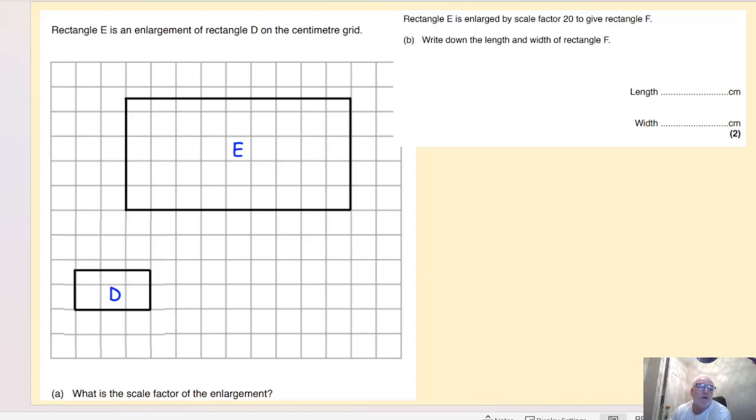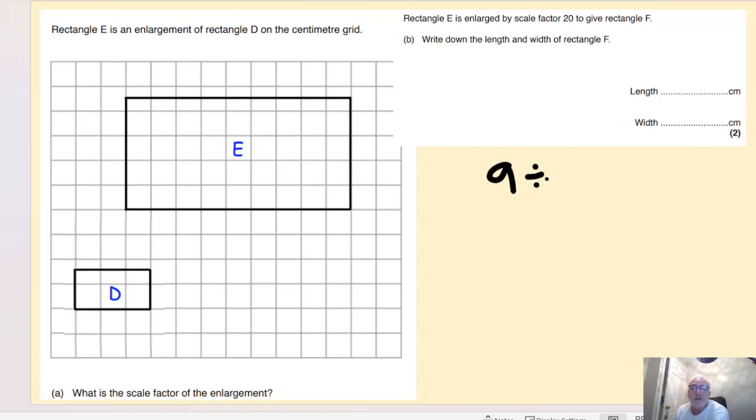So if we try and think about how we can work this out, let's look at the side that we do know. We know this is 3 squares wide, and we know this is 1, 2, 3, 4, 5, 6, 7, 8, 9. So 9 divided by 3, thinking the bigger size divided into that. Remember, the rectangle E is an enlargement of D, so we've gone D to E. So what is the multiplication factor to get from there to there?